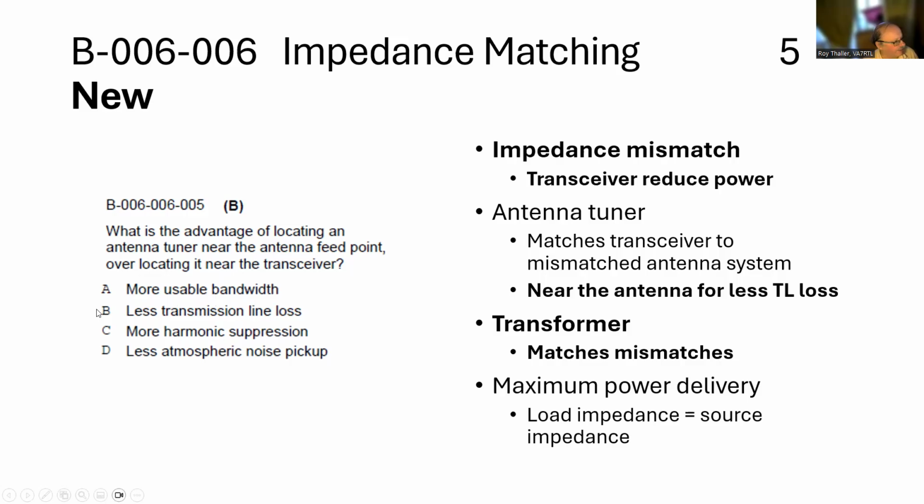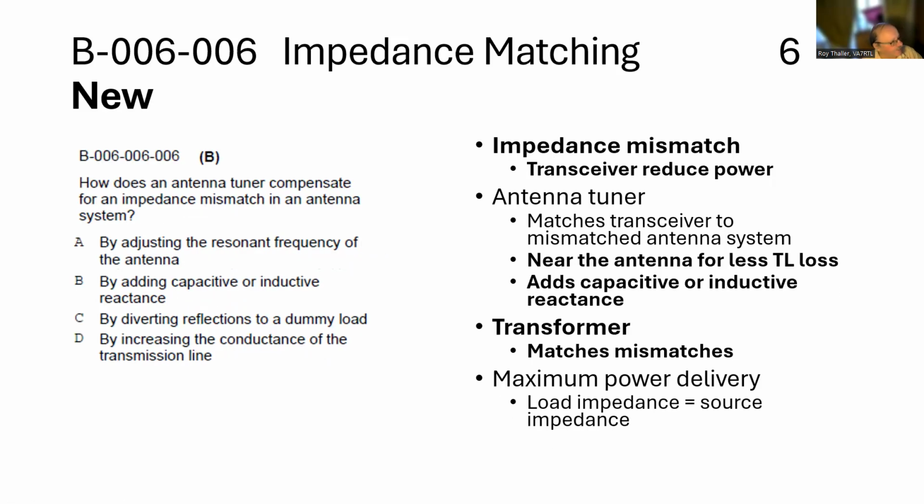So B is the correct answer. Another new question. How does an antenna tuner compensate for an impedance mismatch in an antenna system? So as I mentioned before, B is the correct answer. It adds capacitive or inductive reactance to the system to establish a better match.